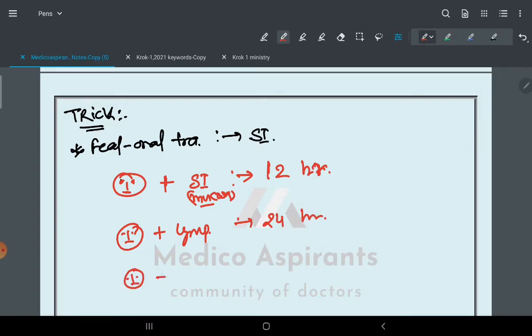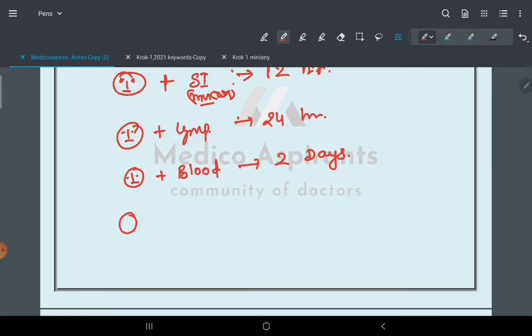When this bacteria reaches the blood, that is 2 days. In the last, when this bacteria reaches the organs, it is 3 to 5 days.